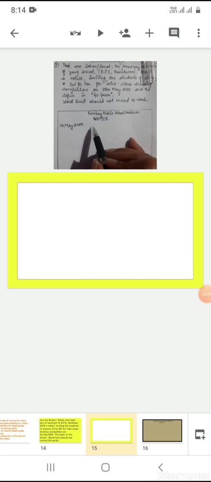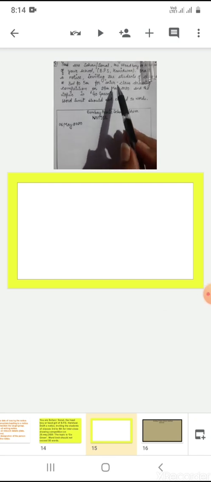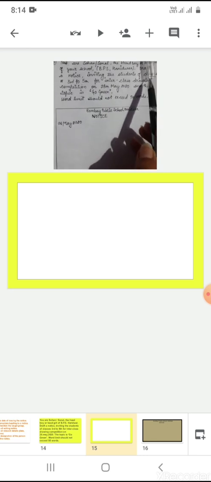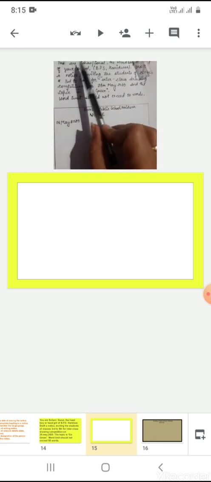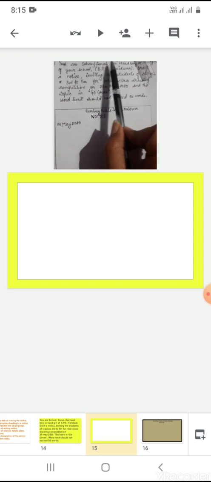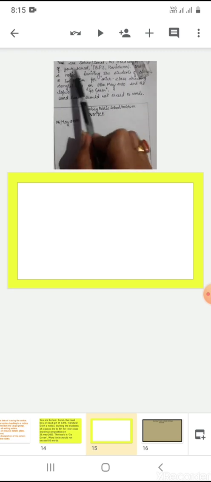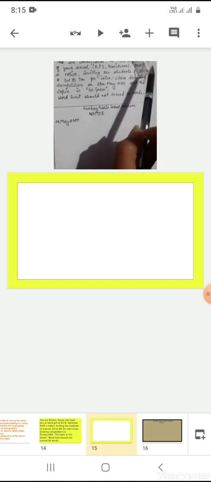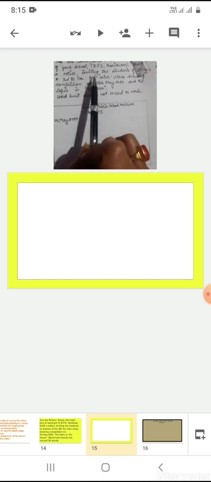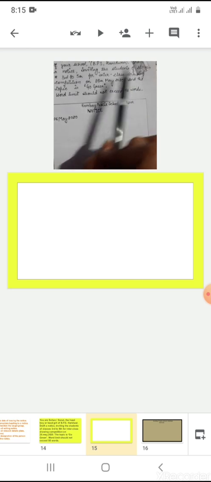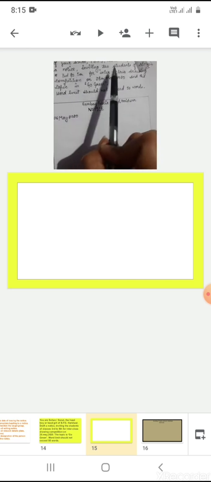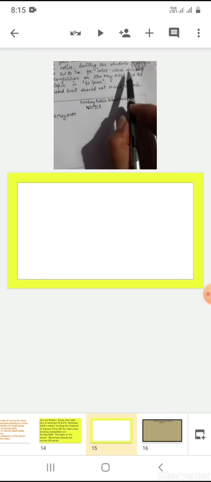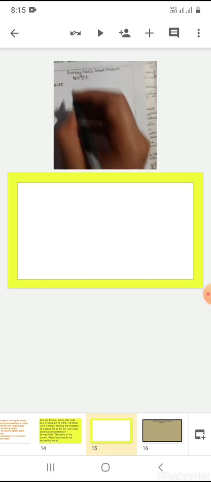Then what you have to write? Now heading. What heading you will give? See, again read the question. You are Sohan or Sonal, the head boy or head girl of your school. Draft a notice inviting the students of classes 3rd to 5th for inter-class drawing competition. So you will get the heading from the question itself, drawing competition.